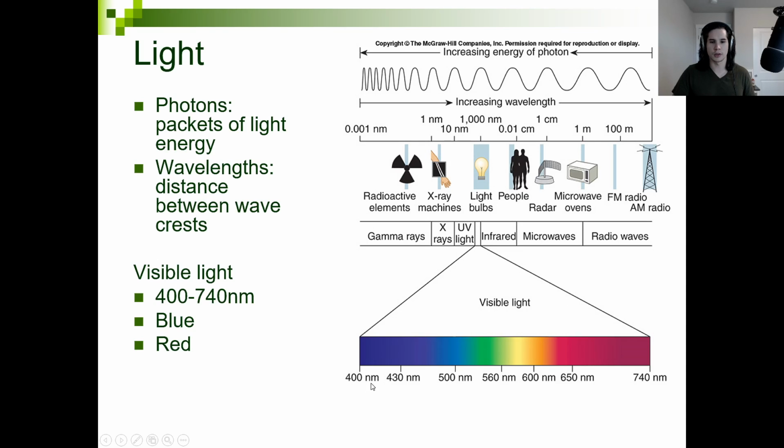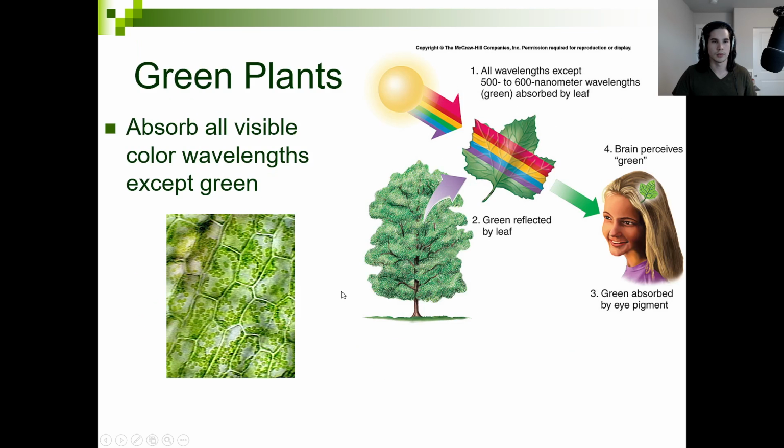And so we go from our violet colored light of 400 nanometers to our red light, which is around 740 nanometers. So visible light is between 400 and 740 nanometers.